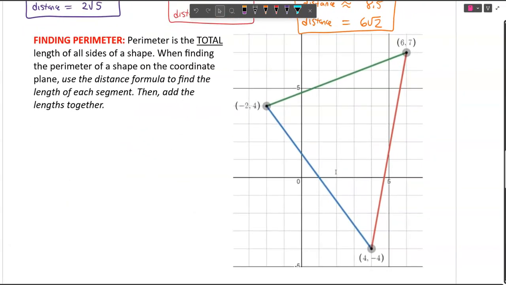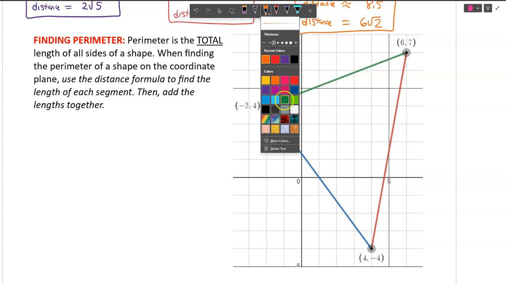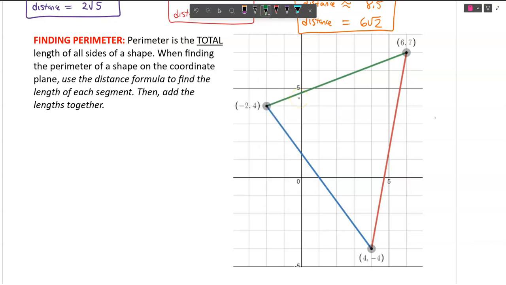If I have a shape like a triangle, and I want you to find the perimeter, which is the total length of all 3 sides of that shape, I want you to use the distance formula in this example to find all 3 lengths. And we can find those in decimal form. So let's get those in decimals in this situation.